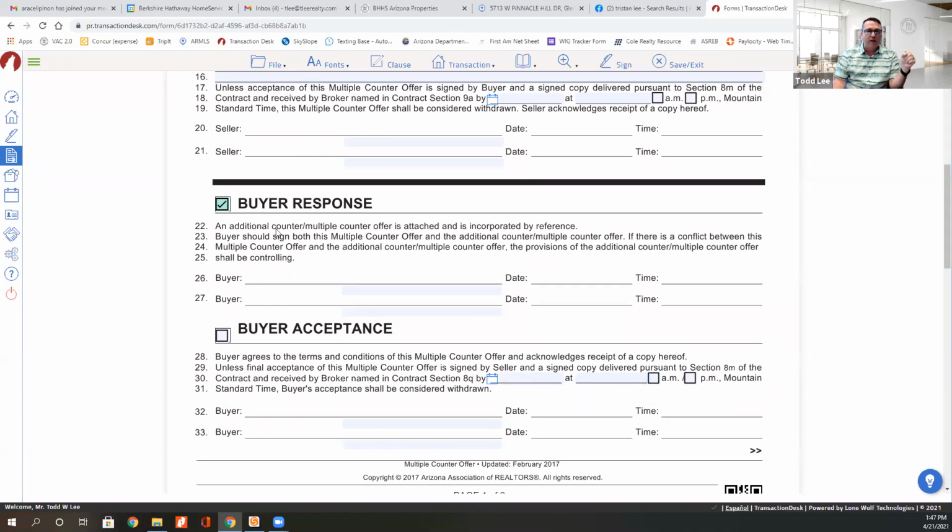If you're issuing another counter offer back, you would check that box, the buyer would send that, and then you would submit your other counter offer along with this form back to them.